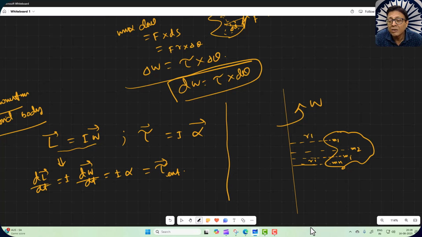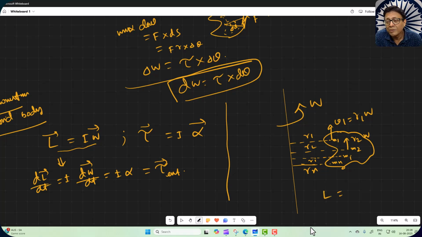This is r1, r2, rn. What is the linear velocity here? r1 omega. Okay, what is the linear velocity here? r2 omega. The same manner here.